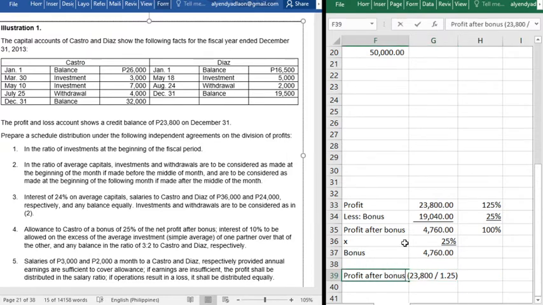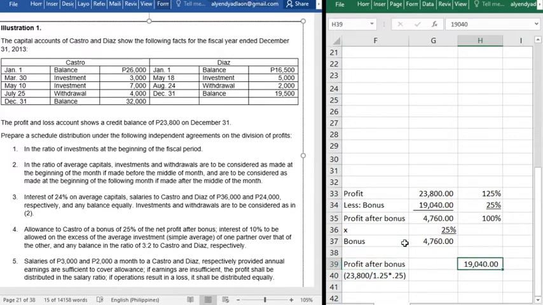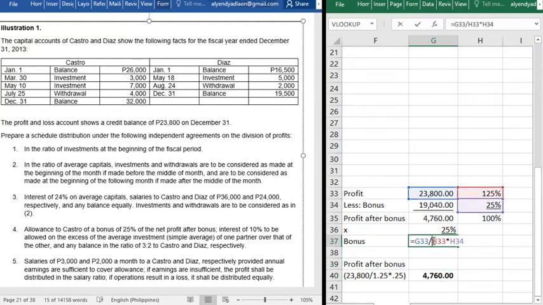So I'm gonna put it here. We have the formula 23,800 divided by 125% times 25%. Okay, that is 4,760. So we answered it through this one, 23,800 divided by 125 times 25.